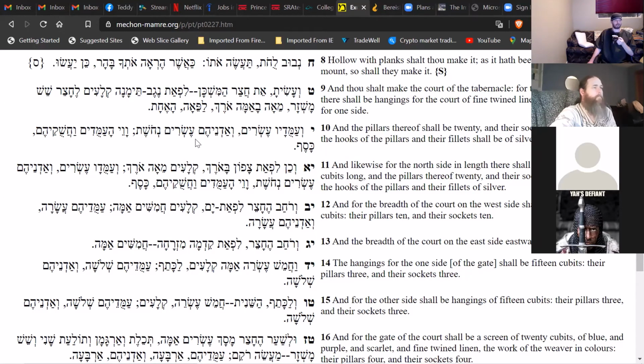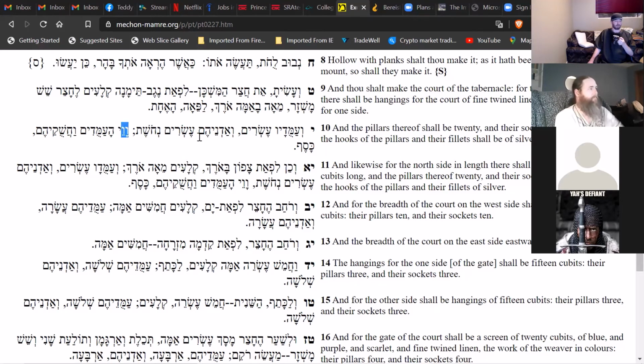The pillars thereof shall be 20, their sockets 20, of brass, and here we come to our portion of the letters, which is Vav. So in modern Hebrew, they say Vav. And this is the plural form with the letter Yod.